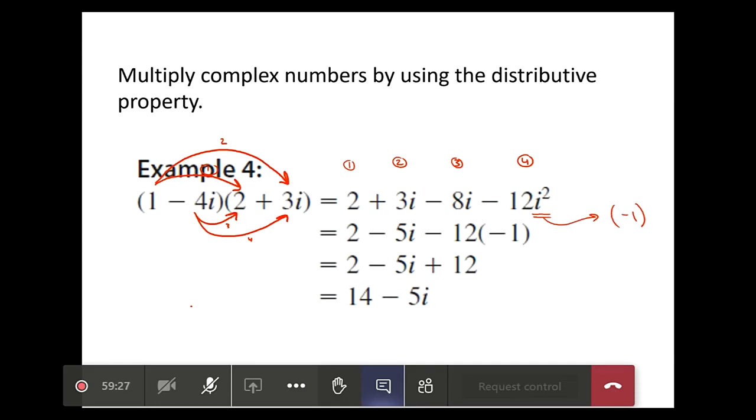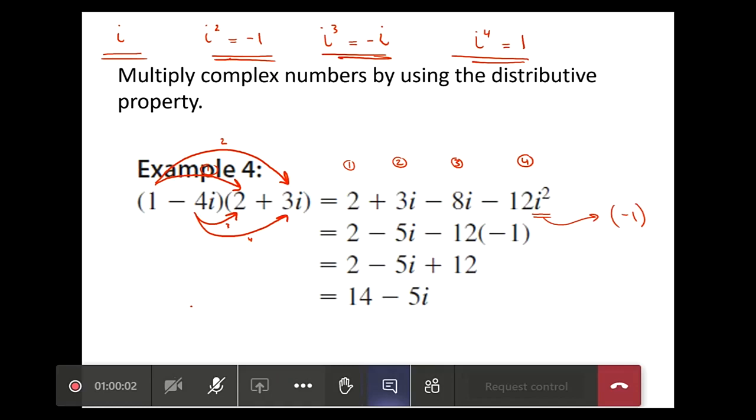That is why at the beginning I gave you the i. i square equals negative 1. i to the power 3 equals negative i. i to the power 4 equals 1. This is very important. Why? Because we need to remove i square and put negative 1, remove i to the power 3 and put negative i, and remove i to the power 4 and replace with 1.